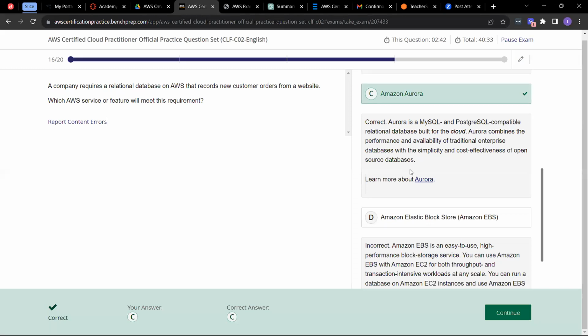It's taking customer orders from a website, so the more orders come, the more the database is populated. It's not something that you pre-populate.